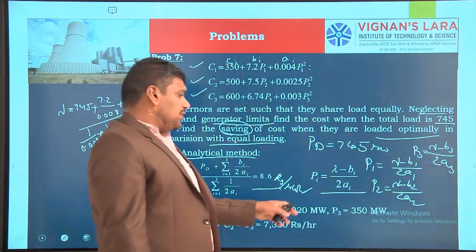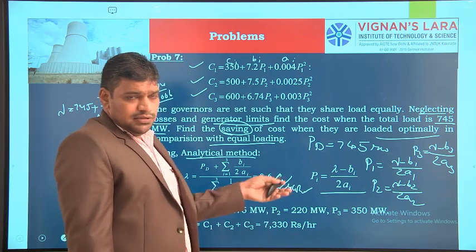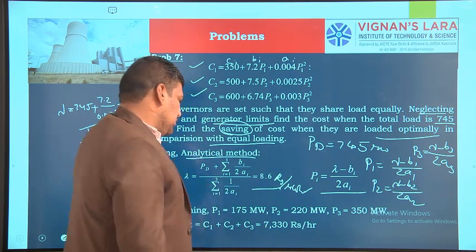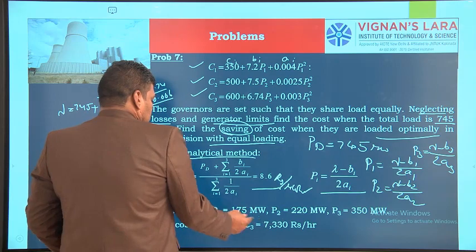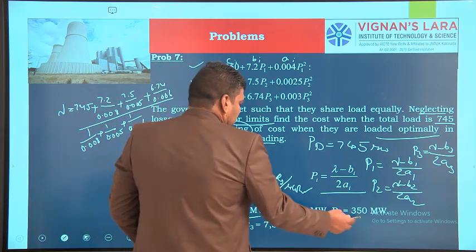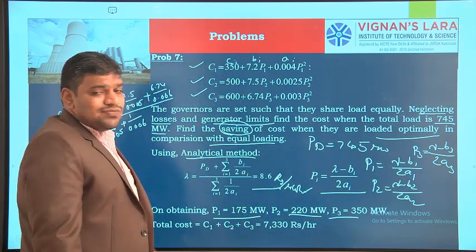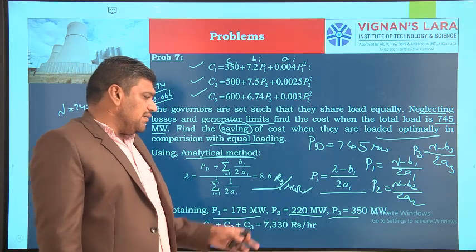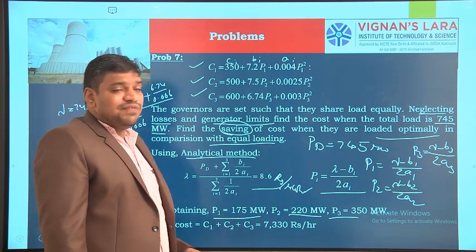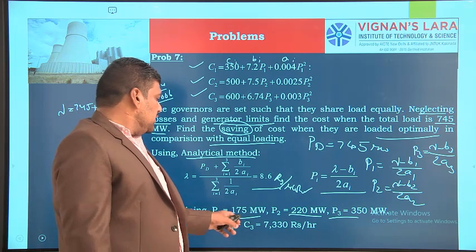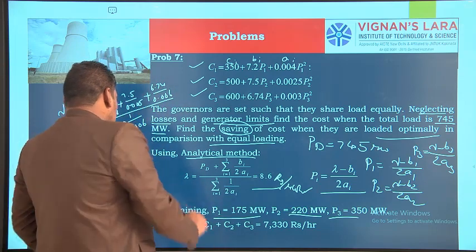Substitute the lambda value to obtain P1, P2 and P3. After substituting, we obtain P1 as 175 megawatts, P2 as 220 megawatts and P3 as 350 megawatts.